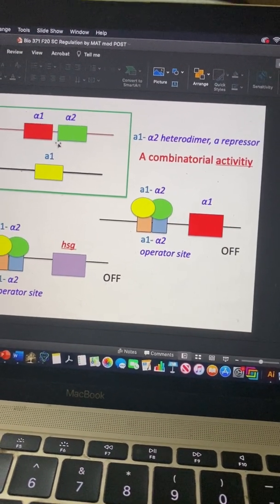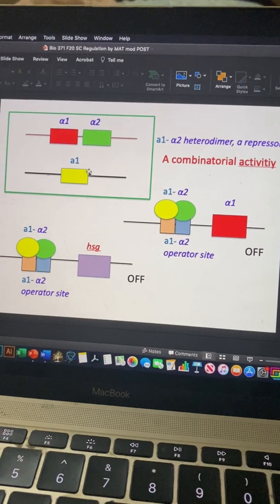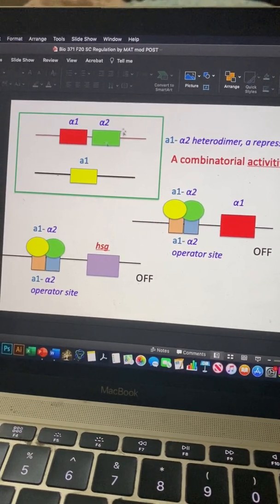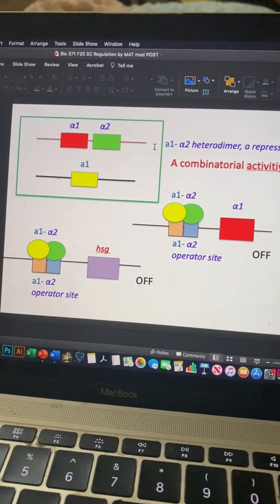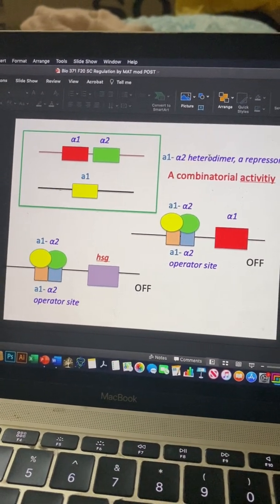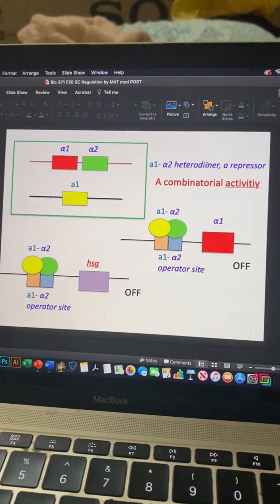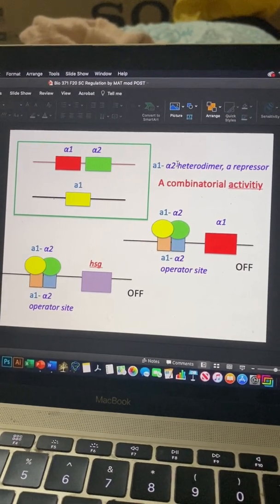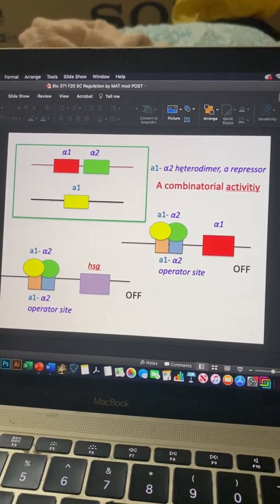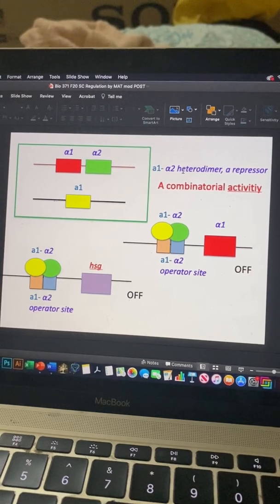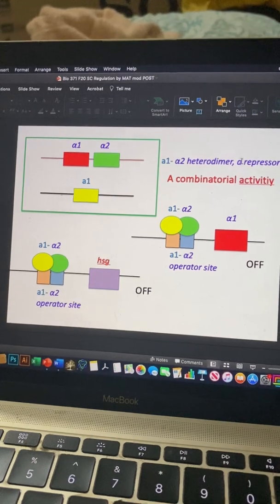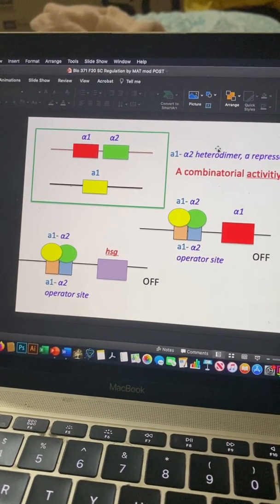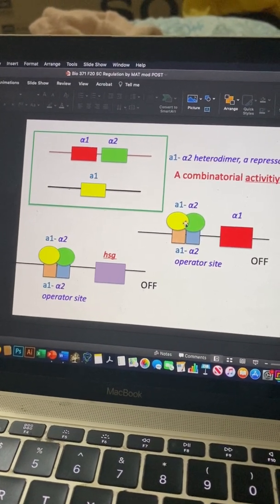Now in this cell, the product of A1 and the product of alpha 2 come together and form a new protein. It's a heterodimer, because hetero means different, dimer means two proteins. Because these are different proteins, they come together and form a new activity, and this is a repressor. The repressor activity of this is different from that of alpha 2.